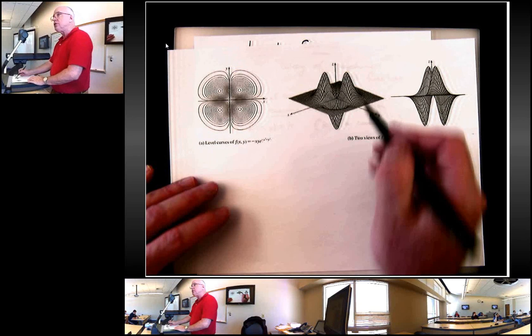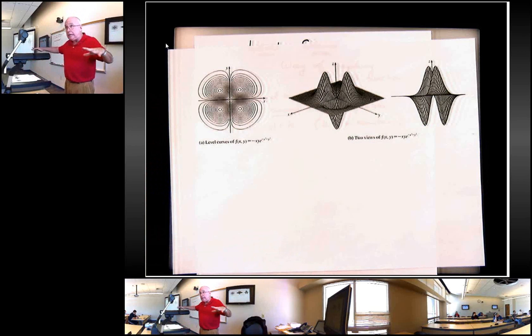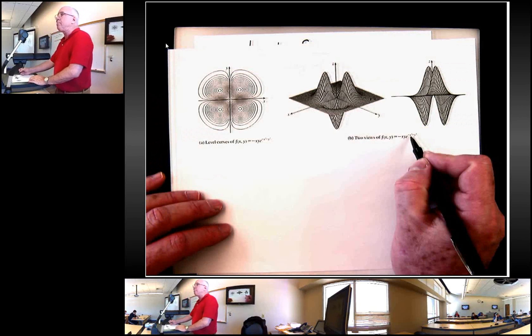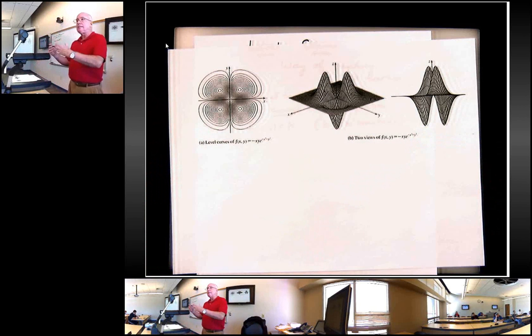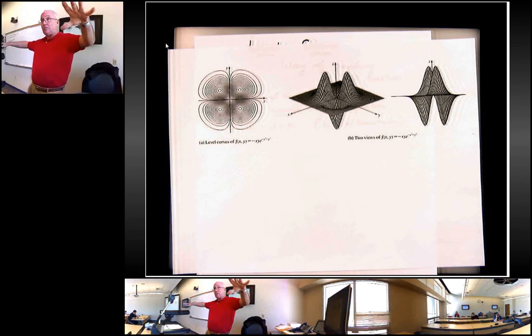Where the function starts to flatten out, notice over here the function looks like it's almost a flat plane. Because what happens is when x and y get bigger, e to the minus x squared minus y squared gets really close to 0, and so this thing flattens out.